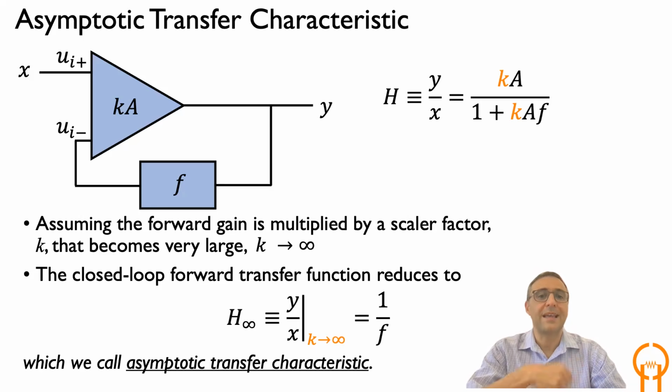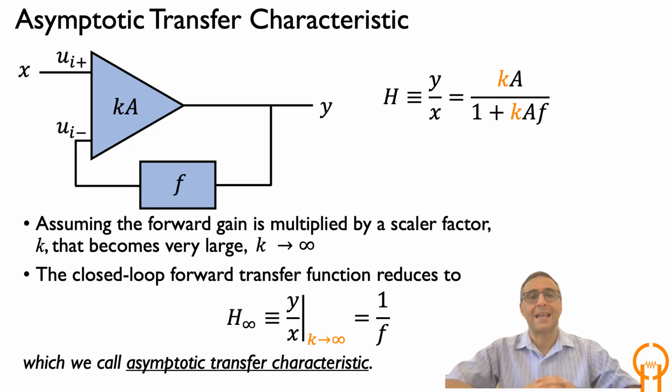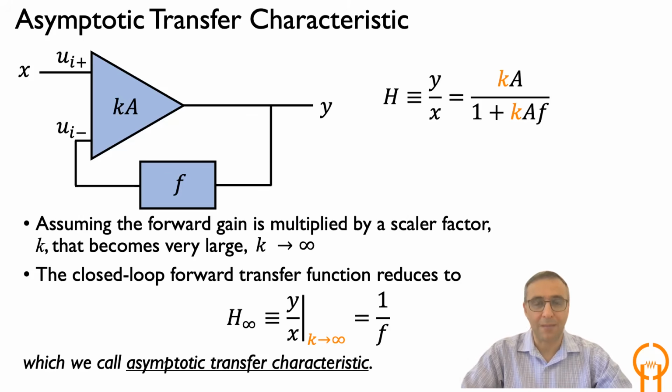Interestingly, when you take K to infinity, this expression reduces, in this example, to 1 over f. But in general, this is what we define as the asymptotic transfer characteristic, and we show it as h sub infinity. So this is basically what the transfer characteristic, whether it's a gain or transimpedance or what have you, would be ideally if you had an infinite amount of feedback applied.